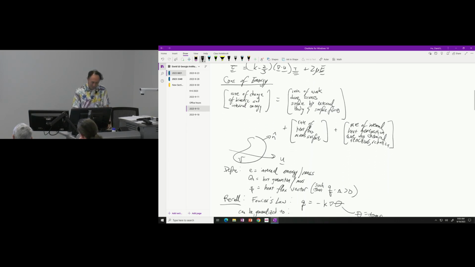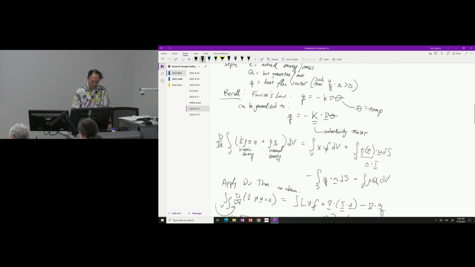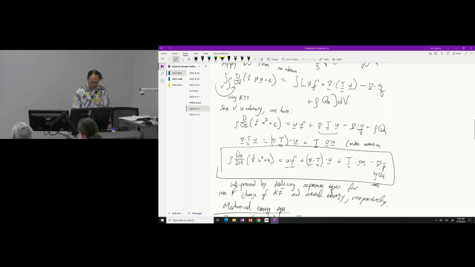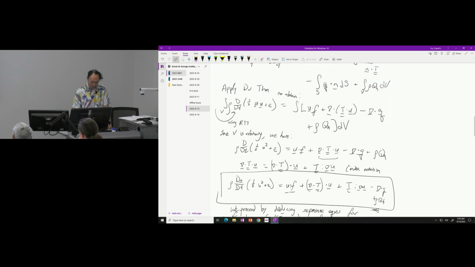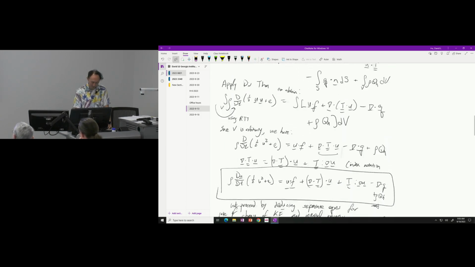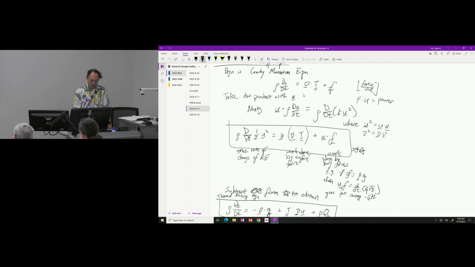Then we talked about what you need for your homework, which is conservation of energy. With some manipulation, we wrote two forms. One was conservation of mechanical energy, where we integrate the Cauchy momentum equation multiplied by U and get the kinetic energy balanced by the stress work done on the surface.